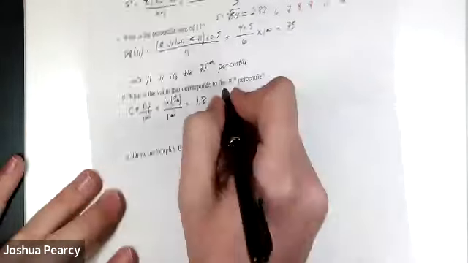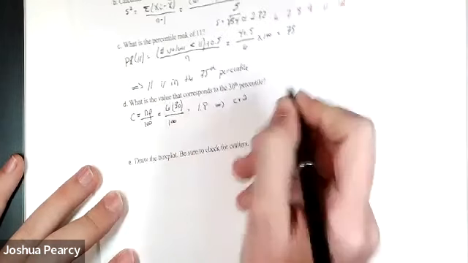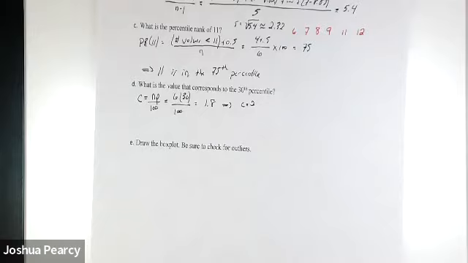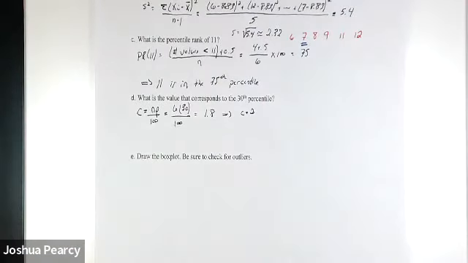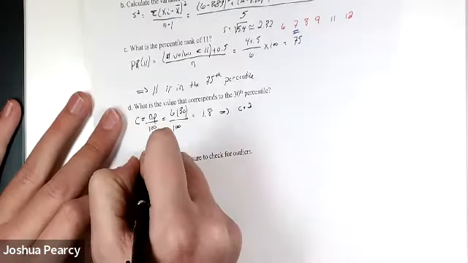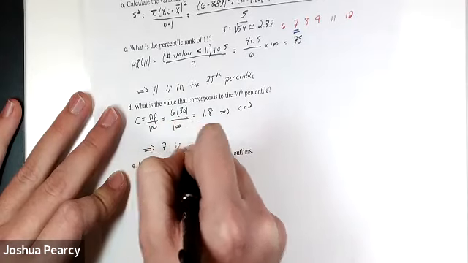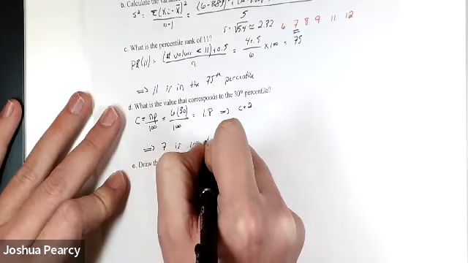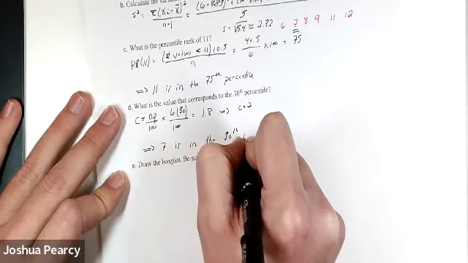So that means we're going to take C as 2. Then we go to the second number in the ordered list above, and you get 7. So that implies 7 is in the 30th percentile.